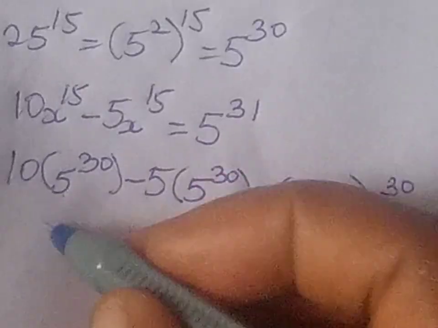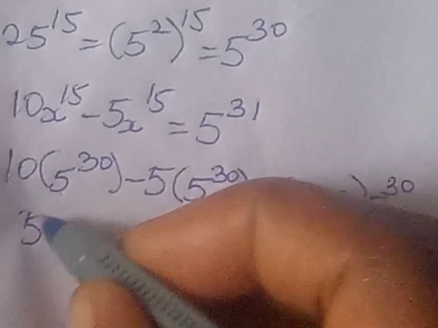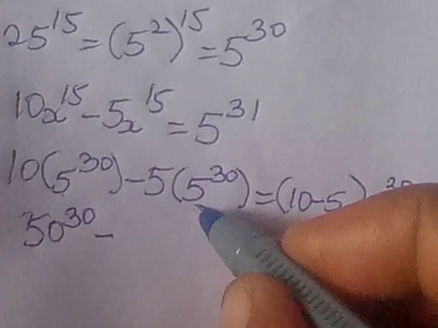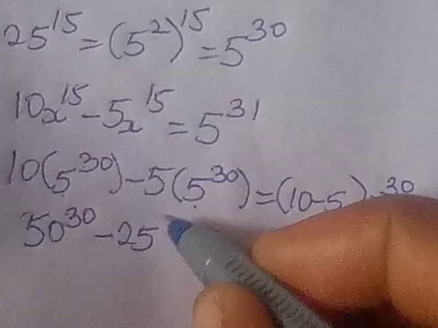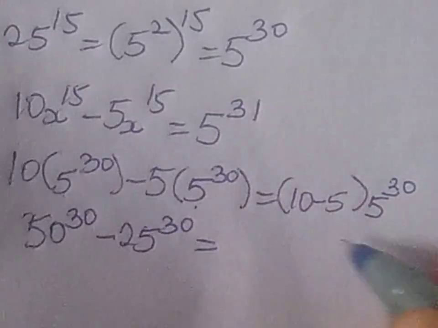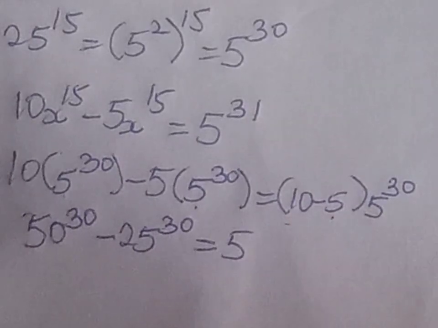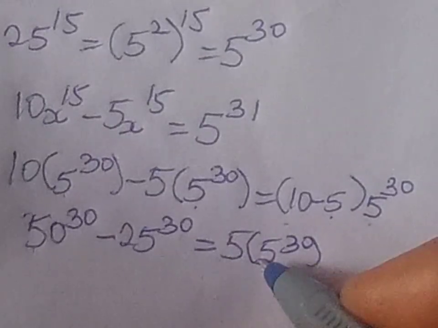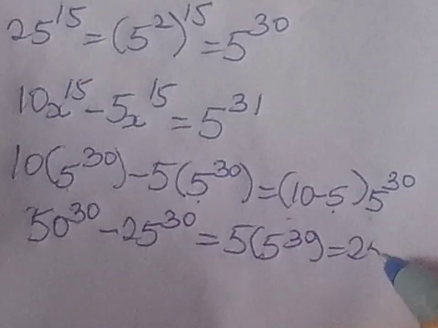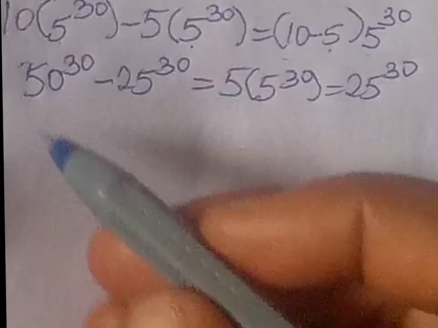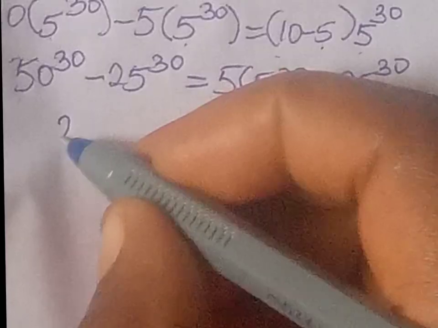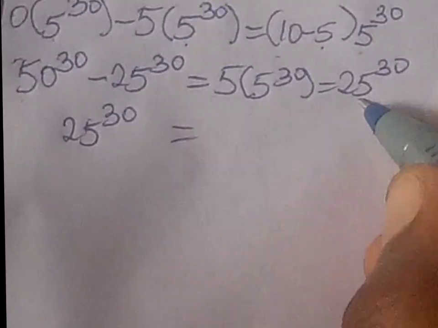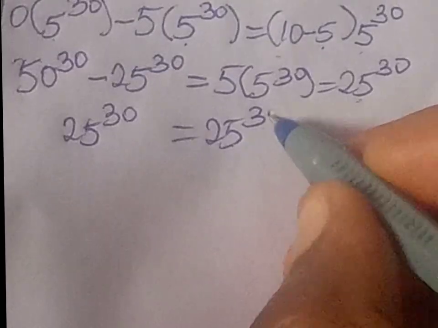10 times 5 is 50, so we have 50 raised to the power of 30 minus 5 times 5 is 25, 25 raised to the power of 30 equals 10 minus 5 is 5, times 5 raised to the power of 30. 5 times 5 is 25, which is equal to 25 raised to the power of 30. 50 minus 25 will give us 25 raised to the power of 30 equals 25 raised to the power of 30.